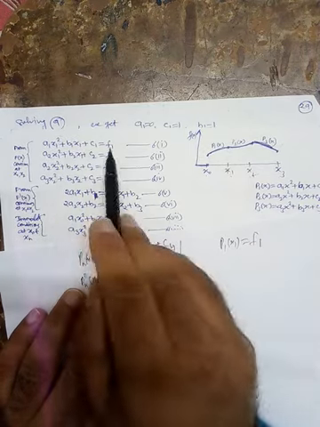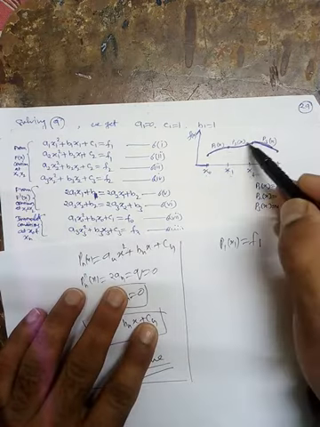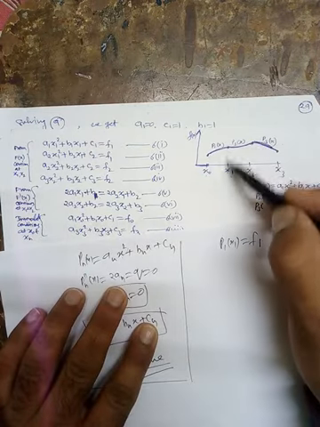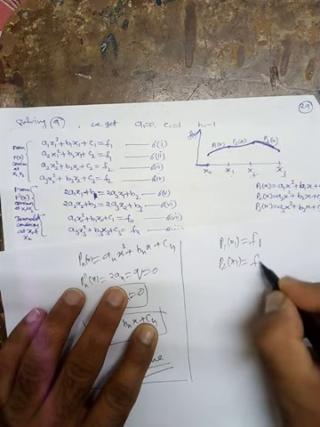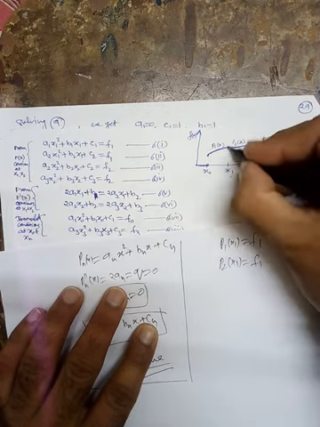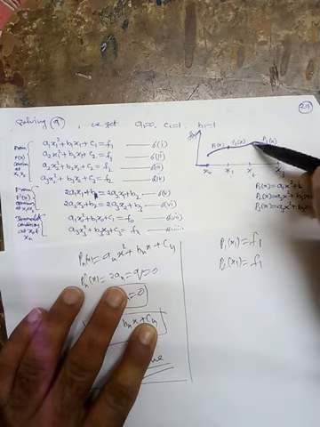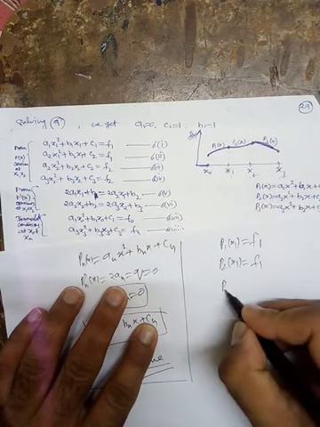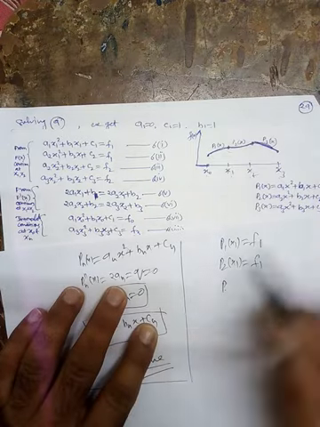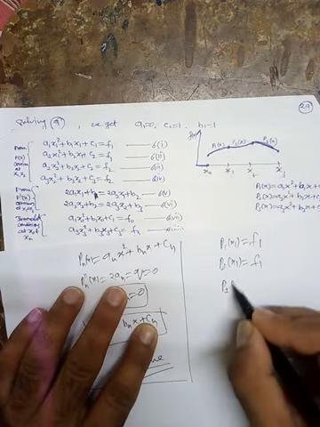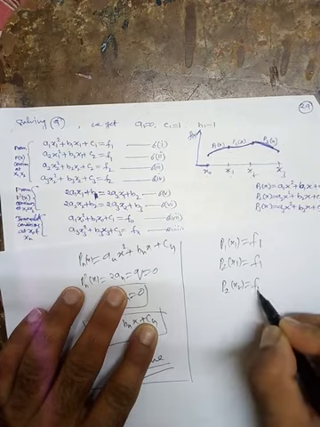This will give you the first equation. Similarly, the value of p2 at x1 is also f1. That means this point, but the p2 endpoint is this point. So this will give you this equation. Now the third equation is from p2 at x2 equal to f2.